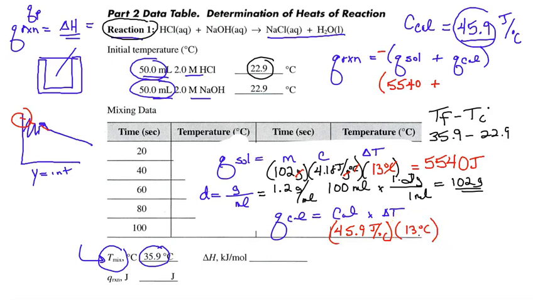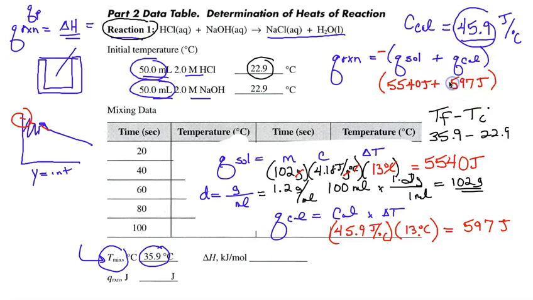Multiply them together, 13 times 45.9, and you get 597. Let's round that off to 3 sig figs. 597 joules. Put that in there.